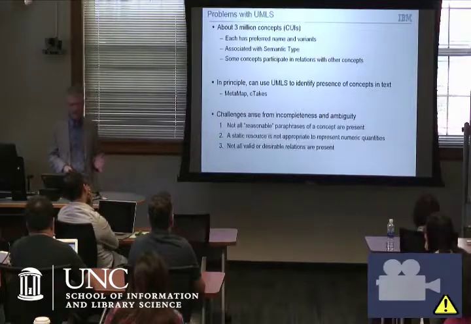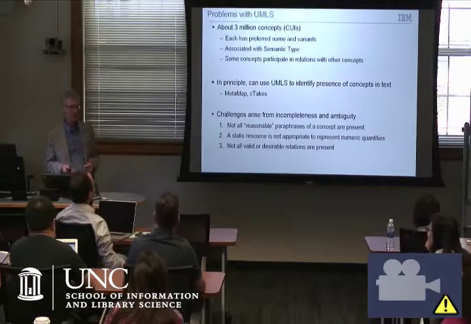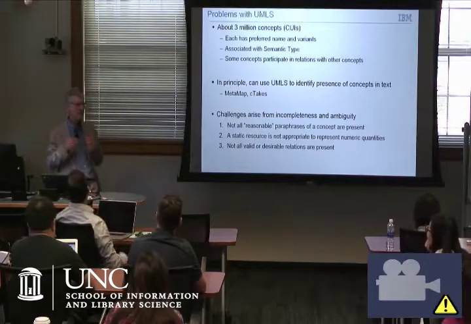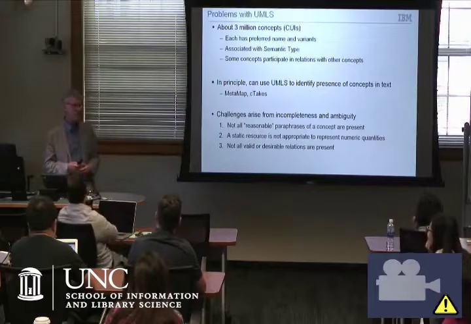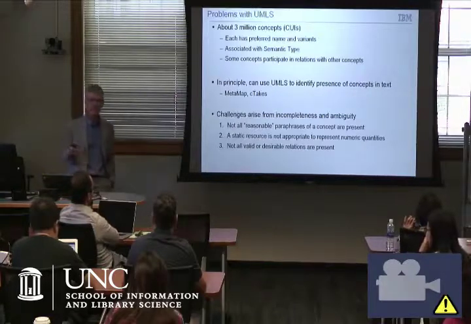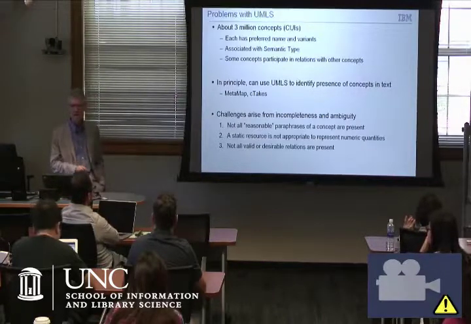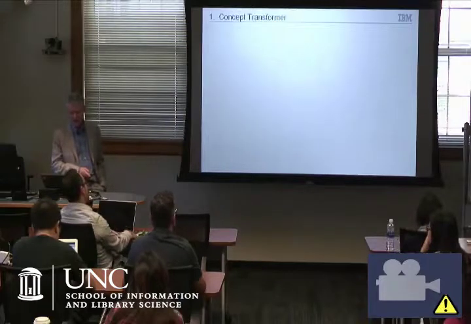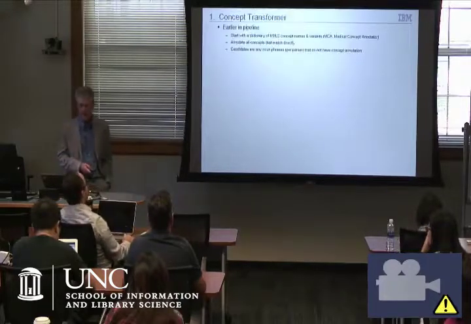But UMLS doesn't have all reasonable paraphrases because it was not designed by someone who's generating all possible paraphrases. So you might have high blood pressure but not increased blood pressure, for example. You can't represent numeric quantities such as lab results and vital signs in a dictionary because the numbers can be anything. So you need some kind of component to do analysis, and the relations are largely missing.